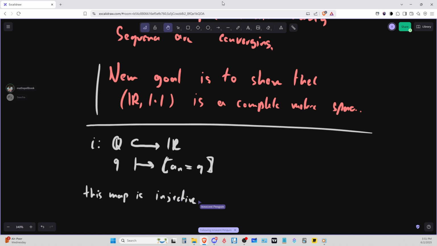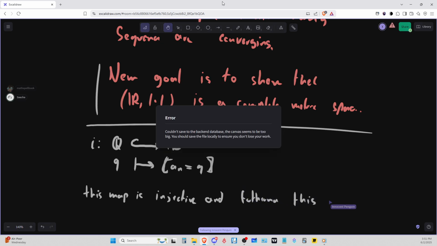We're going to prove something stronger. Because this map is from Q to R, Q has a notion of distance and R has a notion of distance. What we're going to show is this map is injective, and furthermore, this map preserves the distance function.